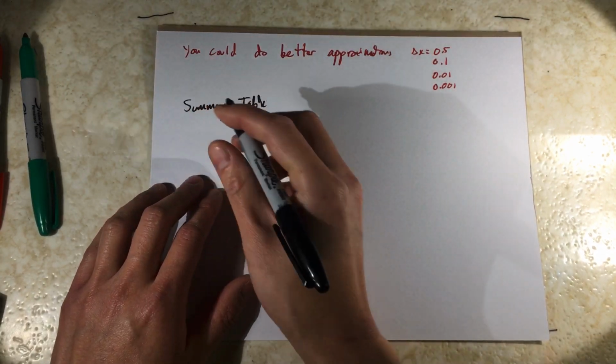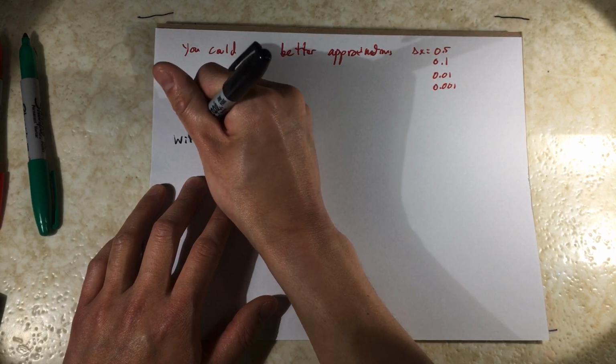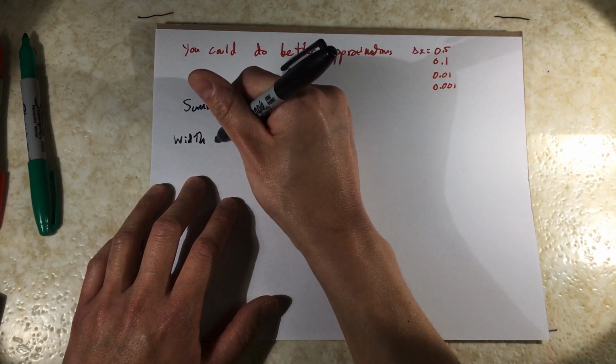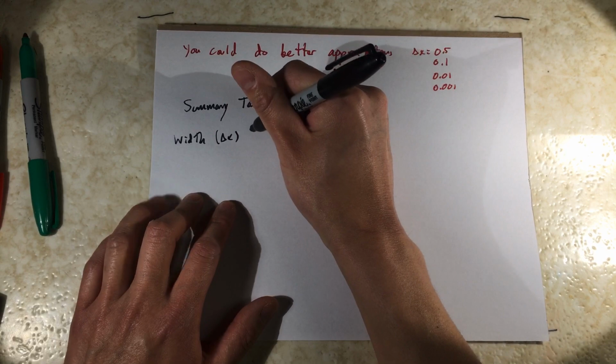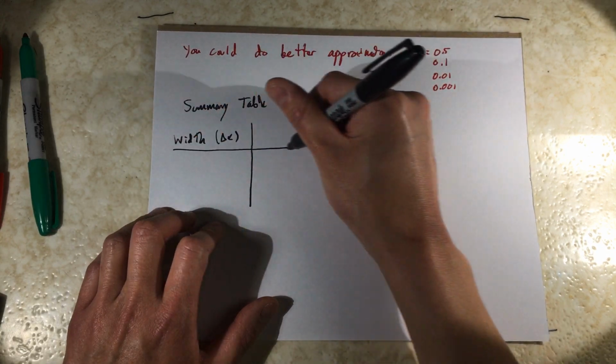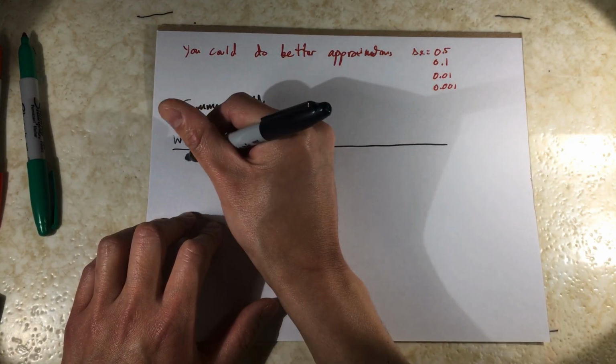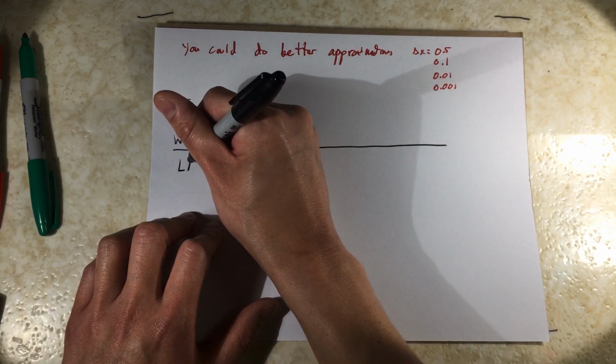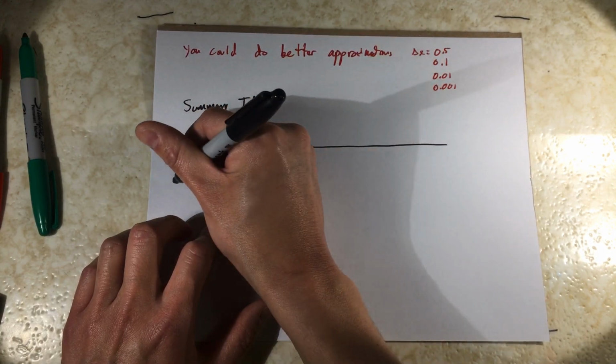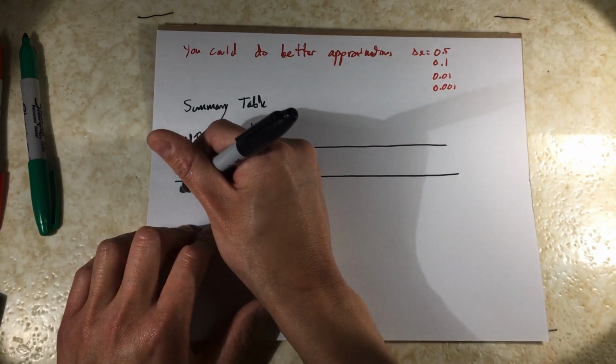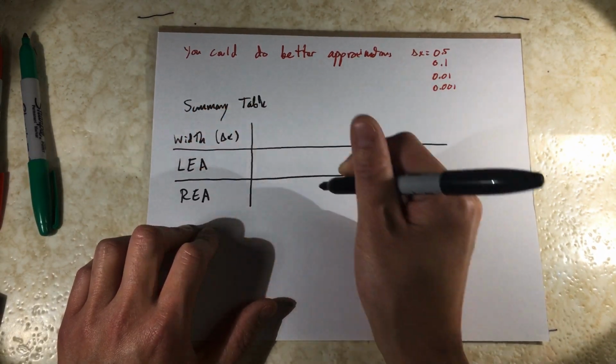All right, so let's do a summary of our values. We're going to do the width, which is our delta x values, as our first row. Then the left end approximation as our second row, and the right end approximation as our third row.